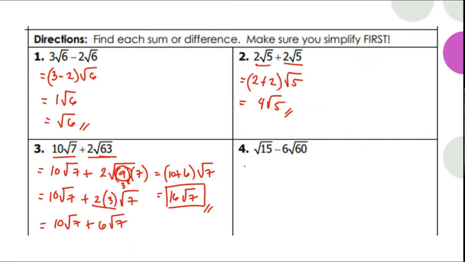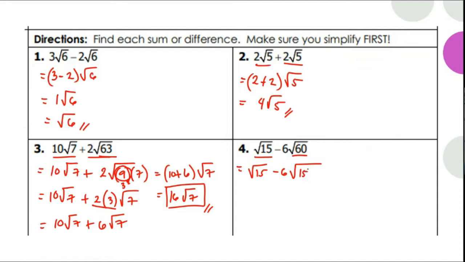So based on the given, square root of 15 is already in simplest form, while negative 6 square root of 60 is not in simplest form, so we need to simplify square root of 60 first. So square root of 15 minus 6 square root of 60, and then 60 can be factored out as 15 times 4.